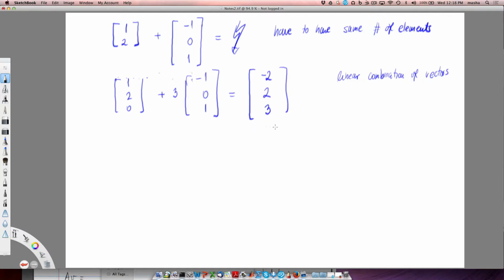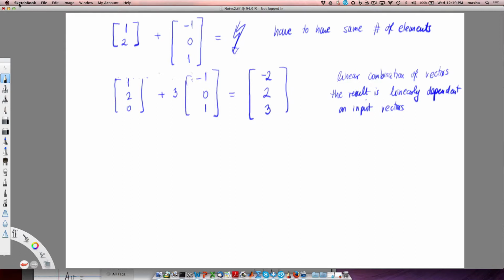So the result is linearly dependent on input vectors. In essence, that's pointing out that I'm not adding any new information, I'm just manipulating the old information, and that's often important.